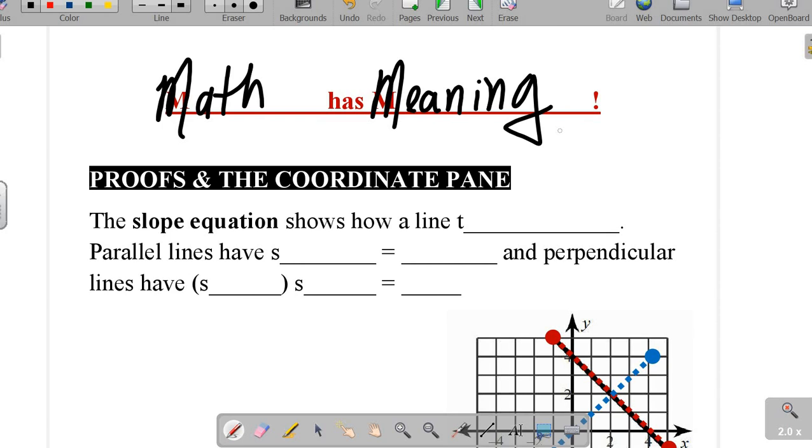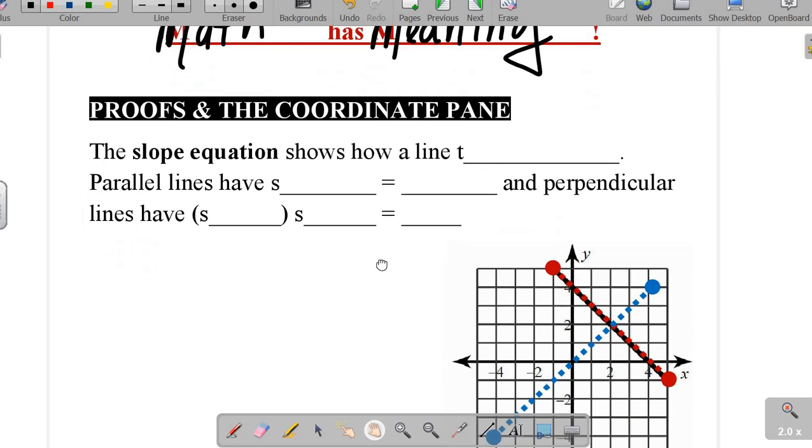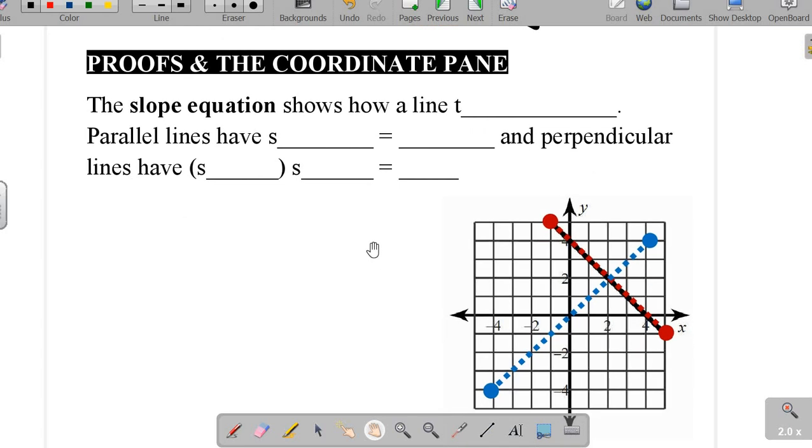Mathematics communicates the interaction of the world around you, whether it's the physical interactions of motion or the invisible interactions of subatomic particles. Either way, mathematics communicates meaning. For the next two lessons, we're going to be talking about the meaning of polygons on the coordinate plane, and we're going to be using the language of the math of midpoint, slope, and distance.